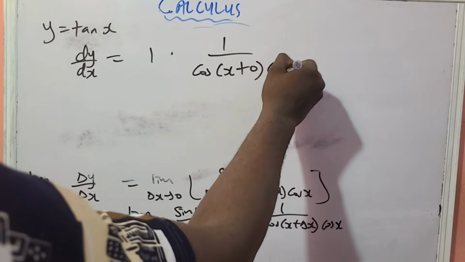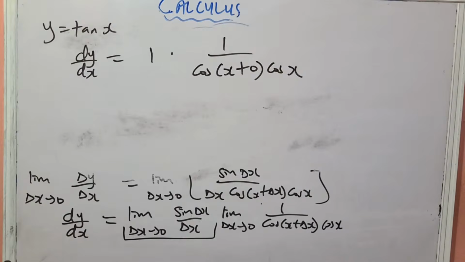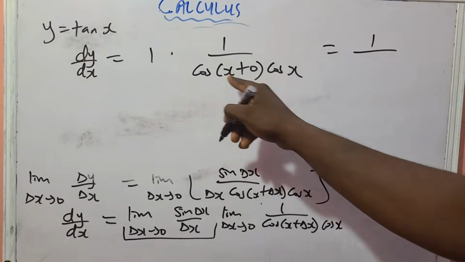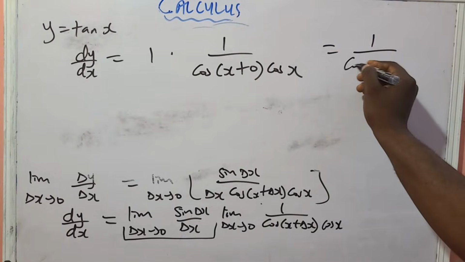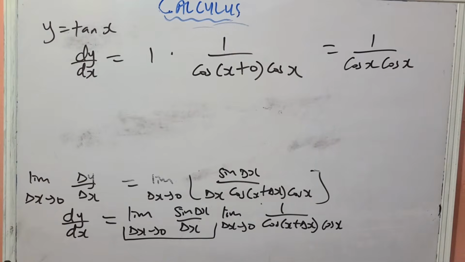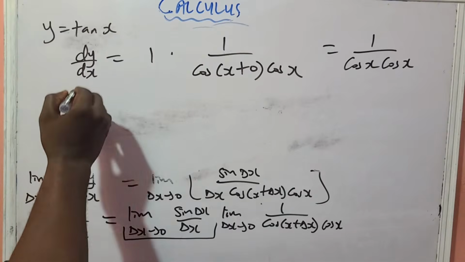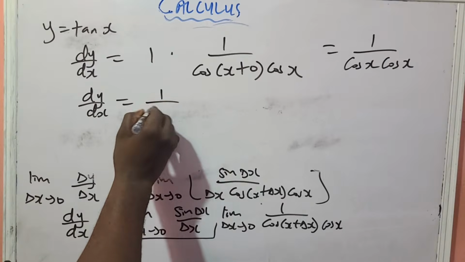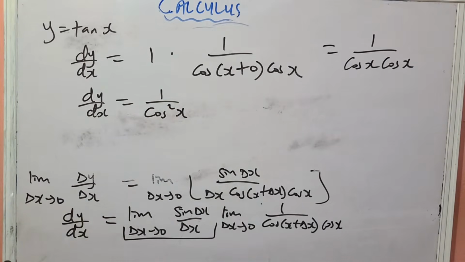Can you see where we have arrived? This will be 1 times 1 is 1, over cos x times cos x. So at this point, we can write dy/dx to be equal to 1 over cos square x.